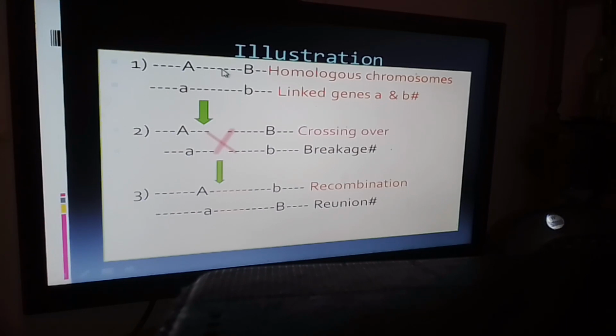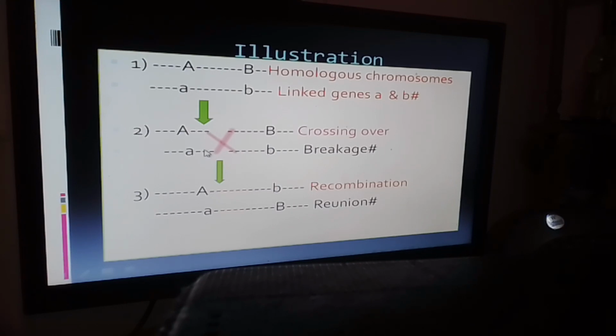Only their similarity in determining a character counts. Accordingly, the genes on one chromosome are said to be linked genes, and the phenomenon of being on a single chromosome is said to be linkage. That is the relationship between these genes on one chromosome.